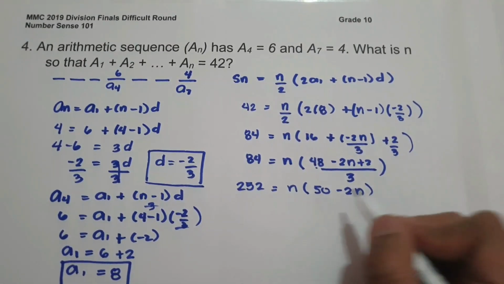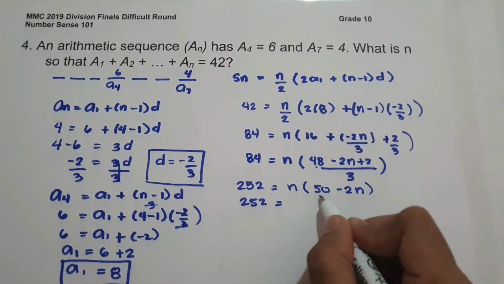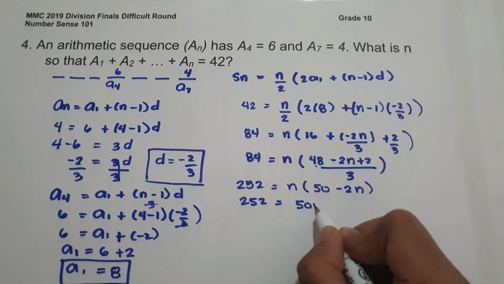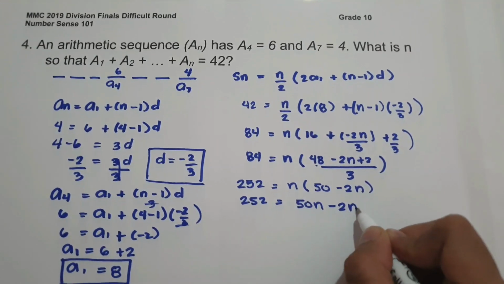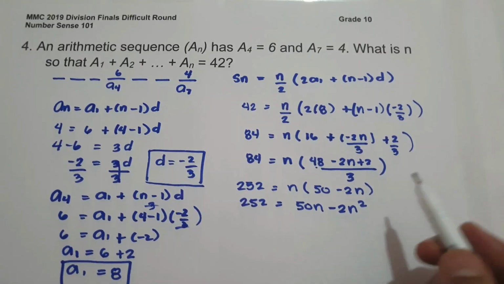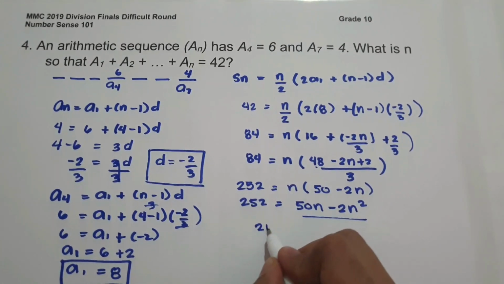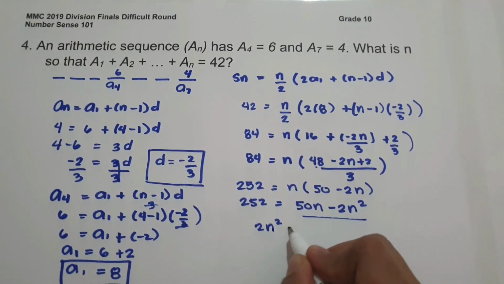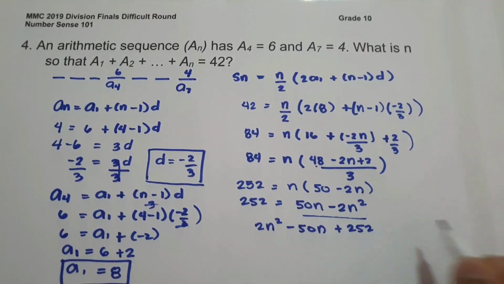And then let us write 252 equals n times 50, that is 50n, n times negative 2n, that is negative 2n squared. And then let us move this one to the other side of the equation. This will be 2n squared minus 50n plus 252.